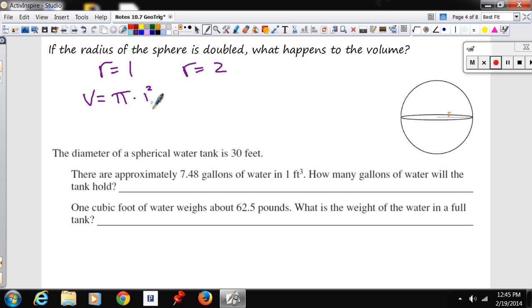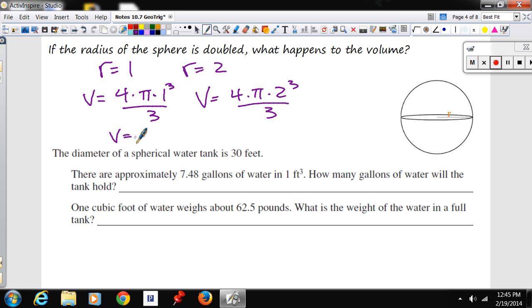No, sorry, I forgot the 4. We're doing the volume formula. So 4 times pi times 1 cubed over 3. This volume would be 4 times pi times 2 cubed over 3. So if I do my two volumes here, let's see what we end up with.